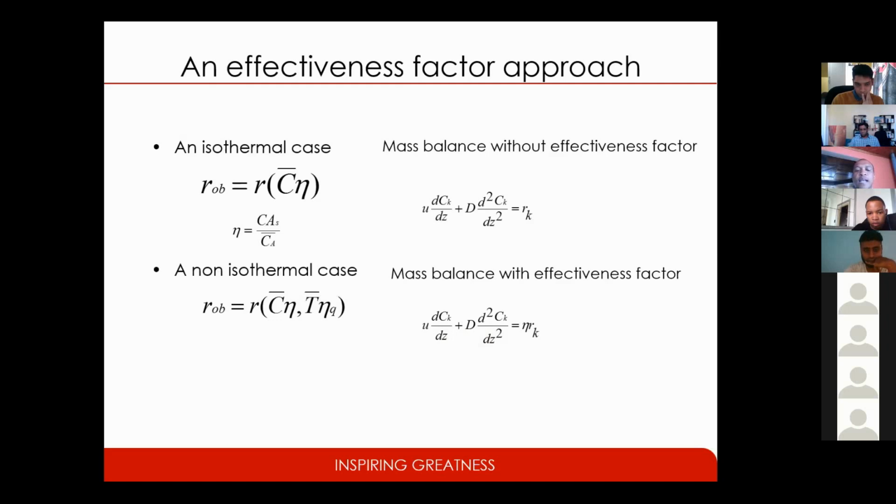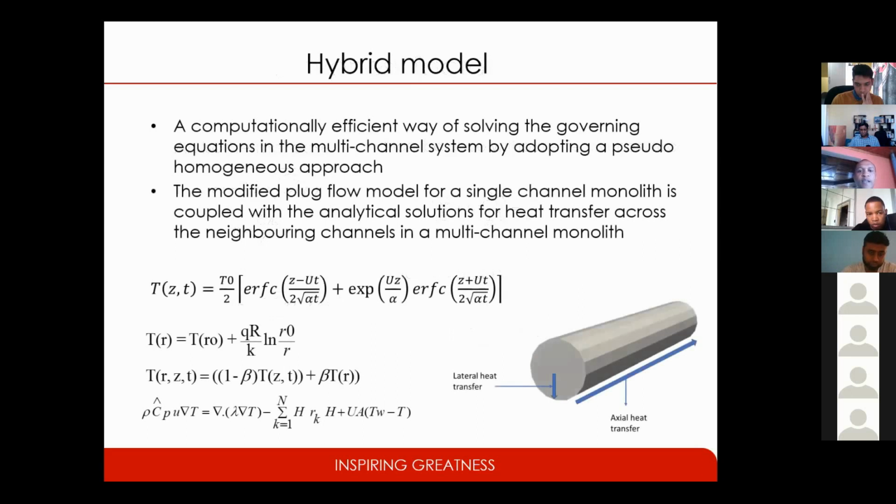The latter part shows the inclusion of the effectiveness factor in the mass balance of a non-isothermal case. And you remember, as I said, this we do to account for those mass transfer limitations.